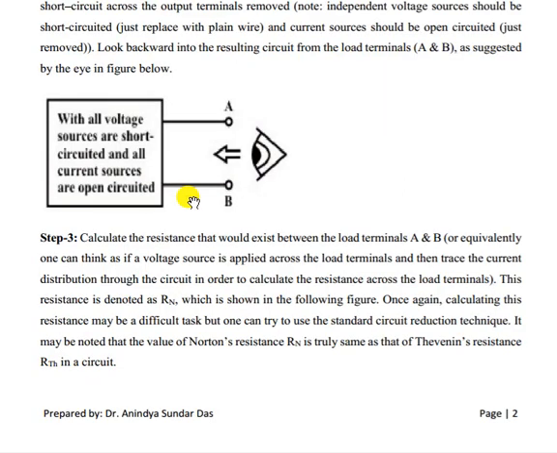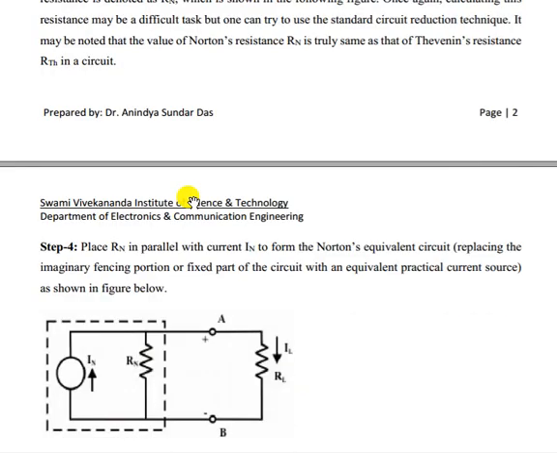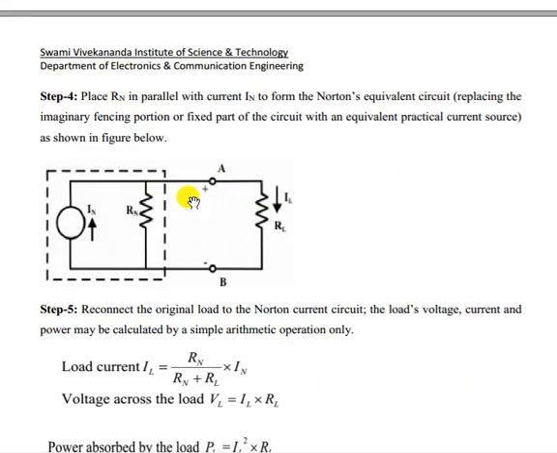So RTH is equal to Norton resistance RN. Step 4 is to redraw the equivalent circuit of Norton theorem, where we have a current source in parallel with a resistance and the load resistance RL. This is ISC or Norton current, and this is Norton resistance or Thevenin resistance, both are the same.